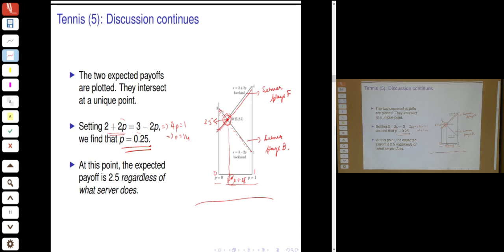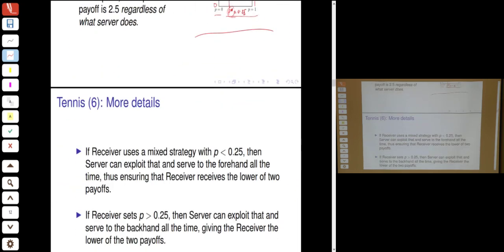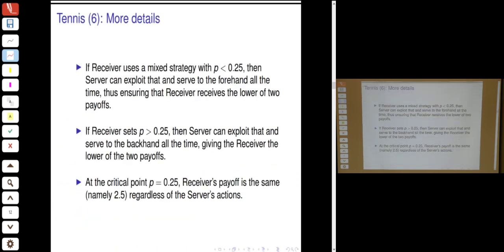So, that is already a good property, right, that you do not really have to worry about fluctuations in your payoff if your opponent changes his strategy, because you are assured that no matter what the opponent does, your expected payoff is always 2.5. Okay, that's a good property.